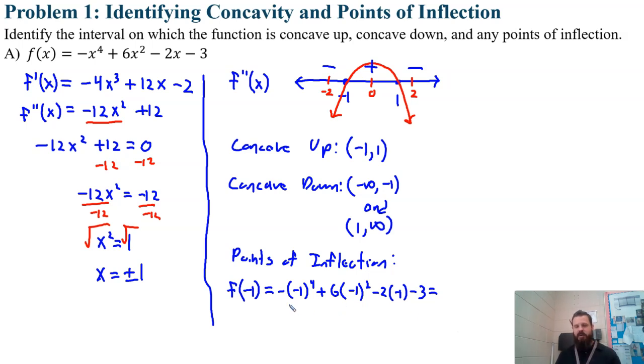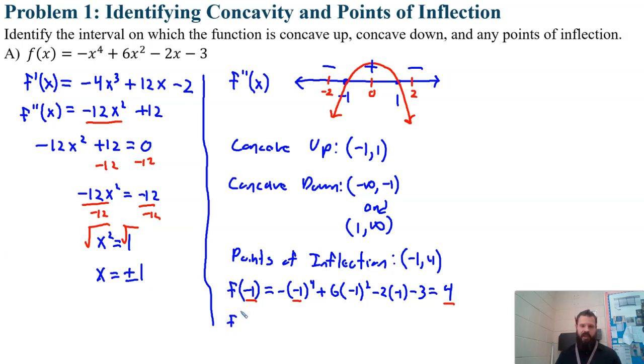Okay, so a little power arithmetic here. I've got negative 1, 5, plus 2 more is 7, minus 3 would be a 4. All right, so f of negative 1 is 4, meaning I've got a point of inflection at negative 1, 4.